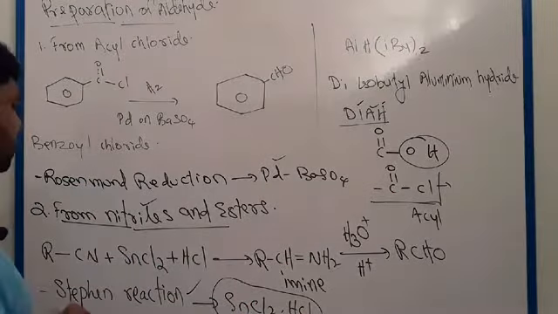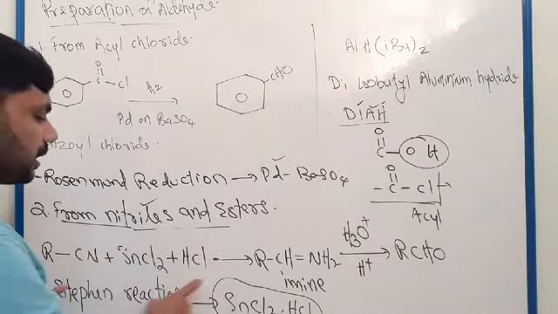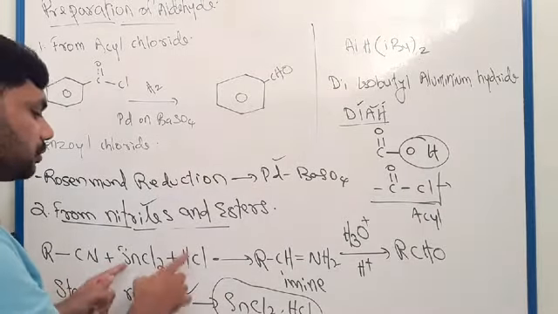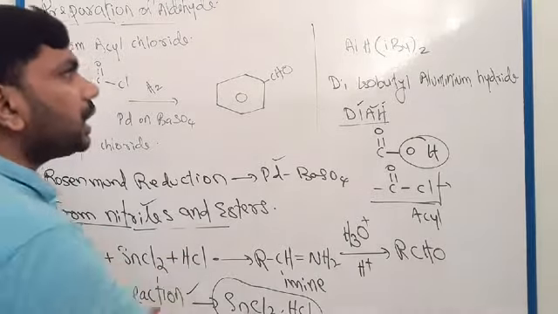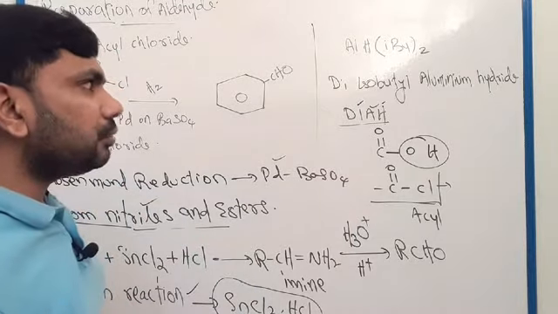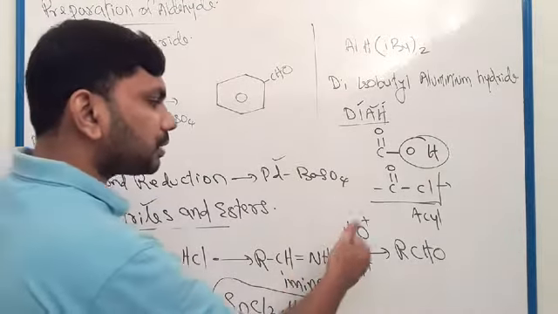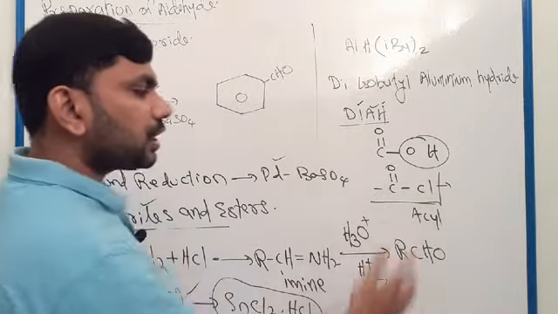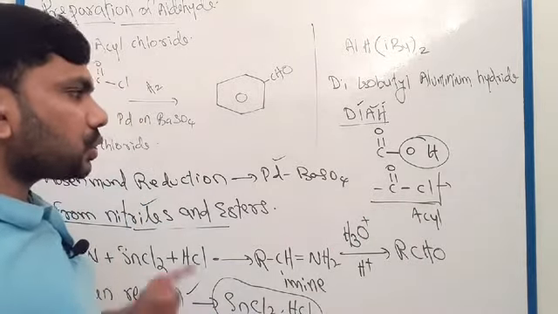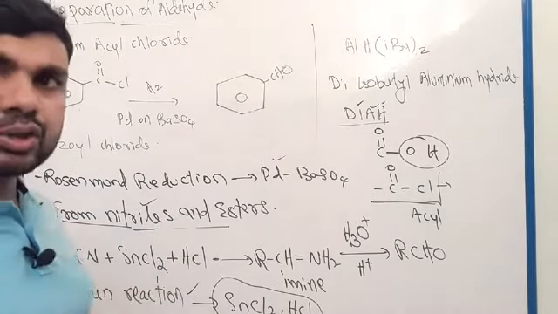Clear? Instead of SnCl2 and HCl, which is the reducing agent, we can use this reagent, diisobutyl aluminum hydride. So we can change nitriles to aldehyde in two ways.